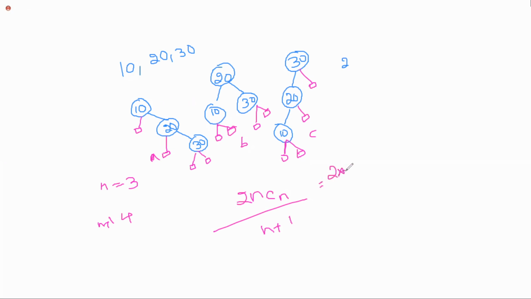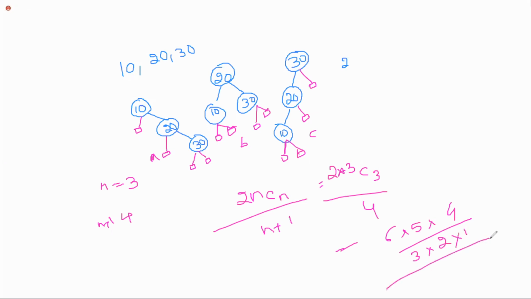So 2 into 3 is 6, 6C3 divided by 4. 6C3 means 6 into 5 into 4 divided by 3 into 2 into 1, whole divided by 4. So 3 into 2 is 6, the 6s get cancelled, the 4s get cancelled. So the total number of trees possible is 5. So with these 3 nodes we can construct 5 binary search trees.